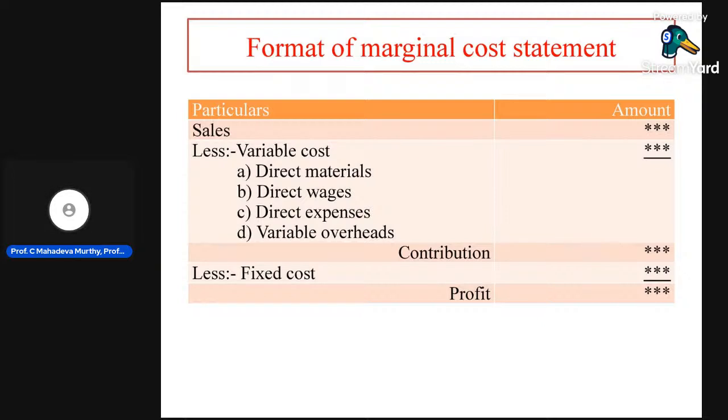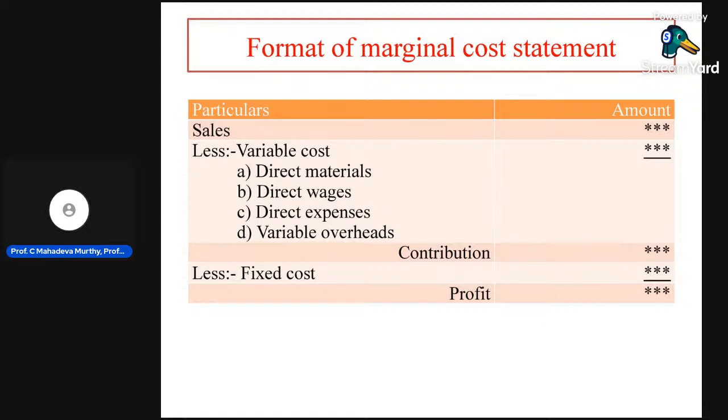Here, particulars and amount, that is the inner column and the outer column. Sales in the outer column, in rupees. This is the pro forma of the marginal cost statement. Here, particulars, amount, sales, then less variable cost or marginal cost. Variable cost is also nothing but marginal cost.